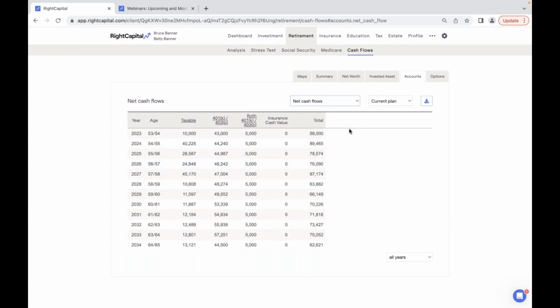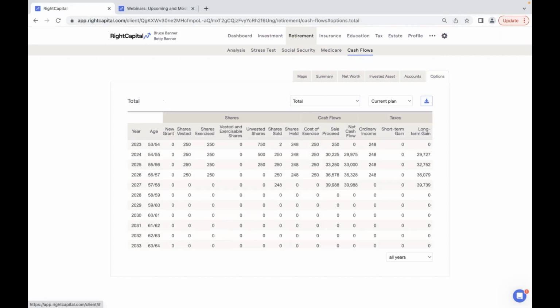But again, the visualization here of how the money is moving within the financial plan and how the funds are moving from qualified to non-qualified assets after RMDs, or how they're being saved, is all really important here. And last but not least, we have an area for discussing stock options as they exercise, vest, and liquidate.